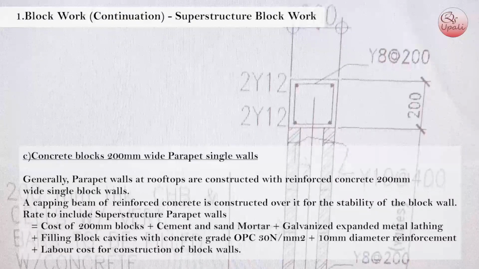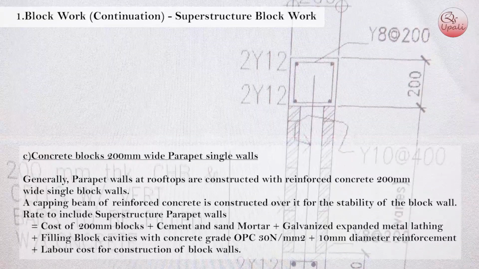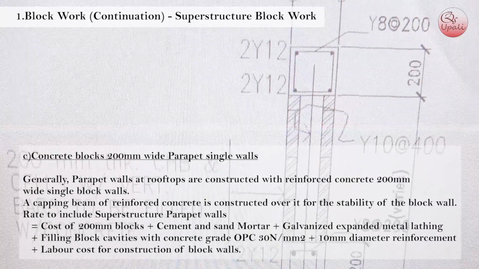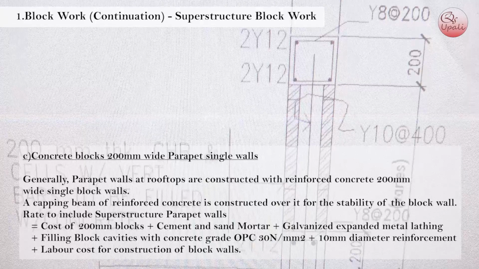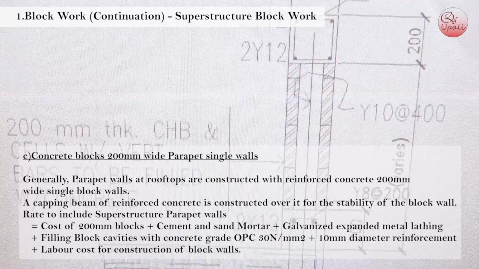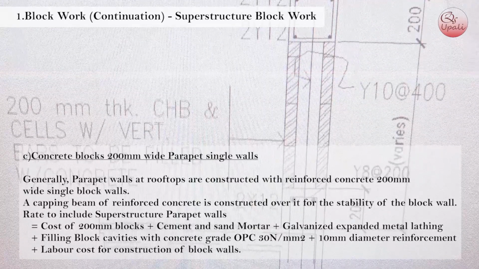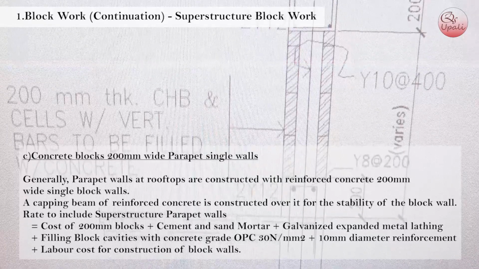C. Concrete blocks 200 mm wide parapet single walls. Generally, parapet walls at rooftops are constructed with reinforced concrete 200 mm wide single block walls. A capping beam of reinforced concrete is constructed over it for the stability of the block wall.